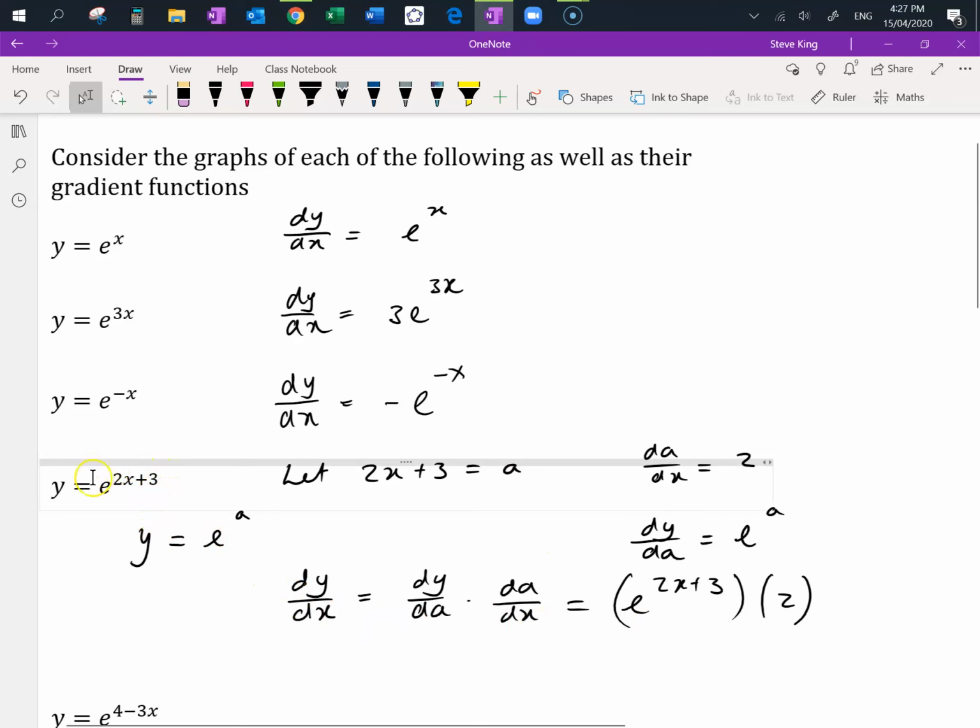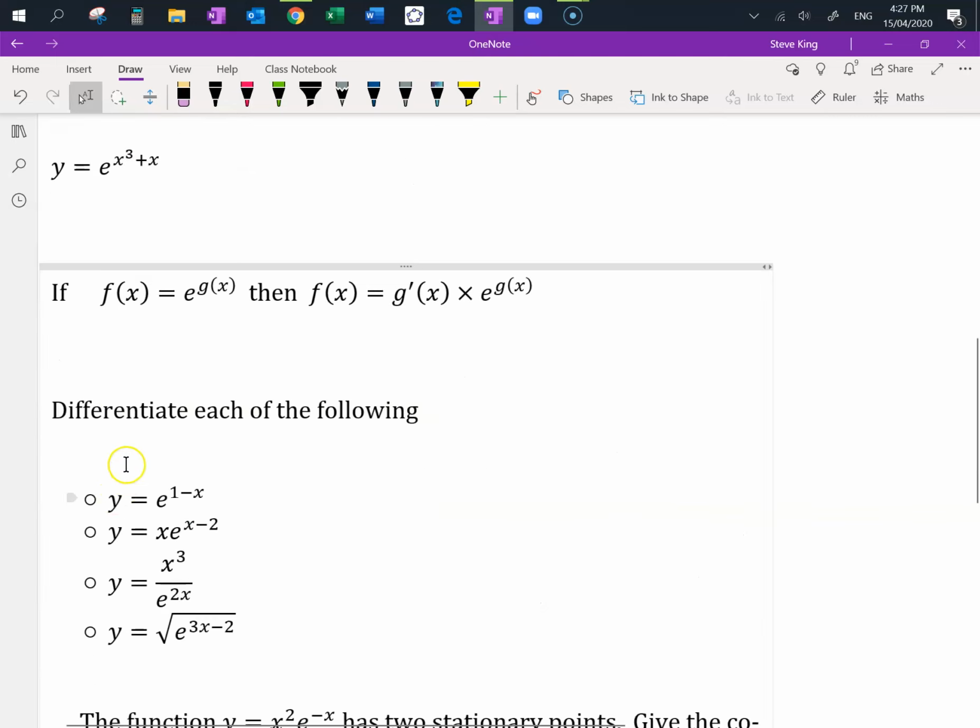We're going to treat this thing over here on the right hand side as a compound function. I've got something happening to the x. It's being multiplied by 2 and having 3 added onto it. And then that is what the e is being raised to. And so we have this statement coming up over here. If f of x is equal to e to the power of some function g of x, then this should be f dash of x, by the way.